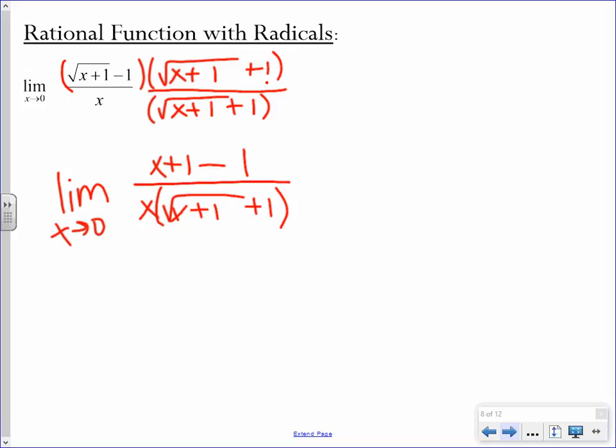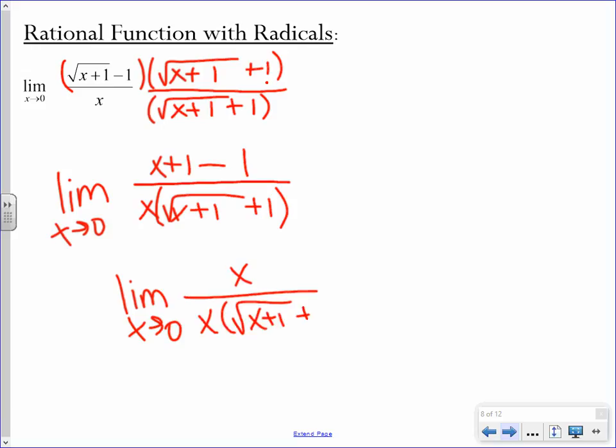Okay. So now we have the limit as x approaches 0 of x over x times that weird conjugate. And what can happen? We can cancel out the x's.